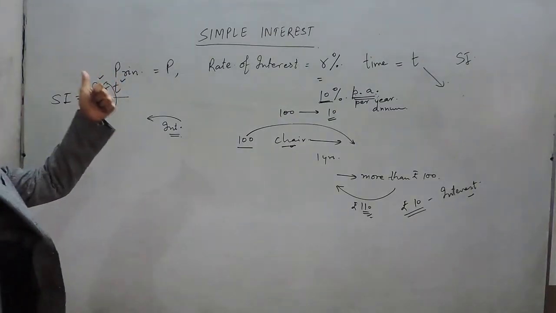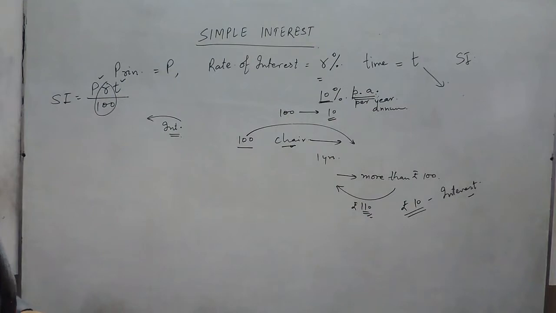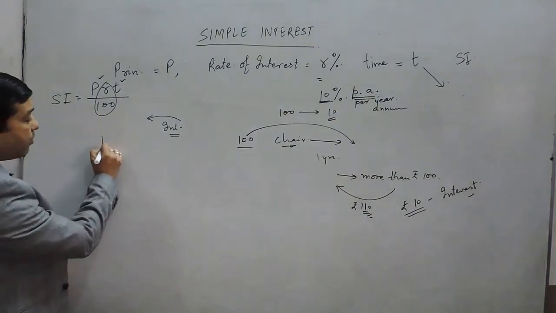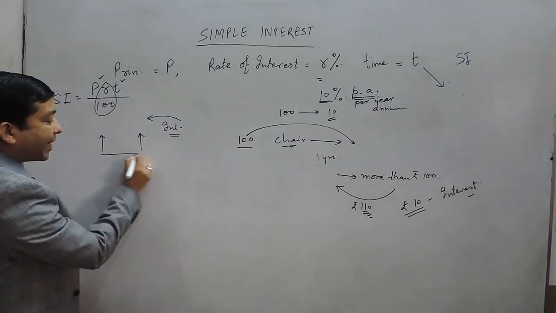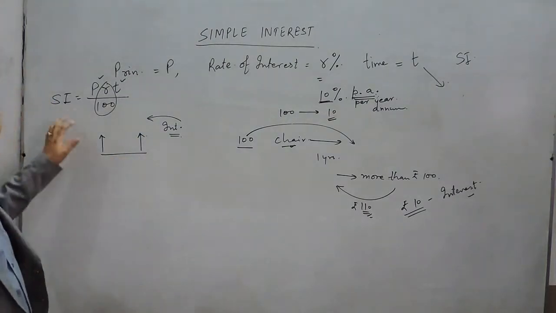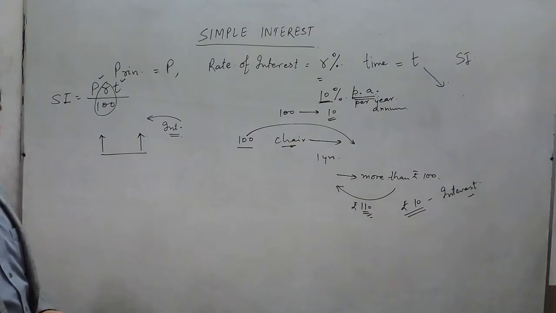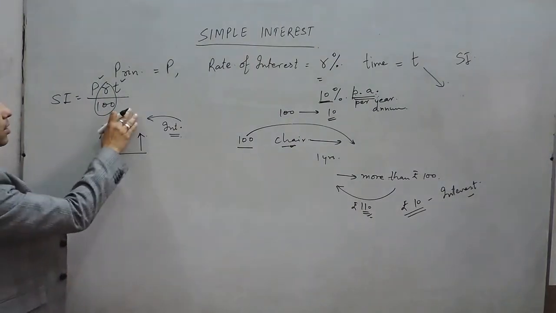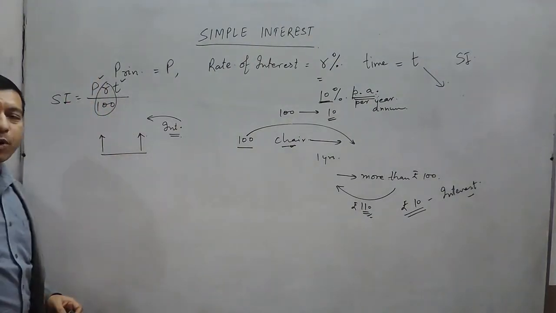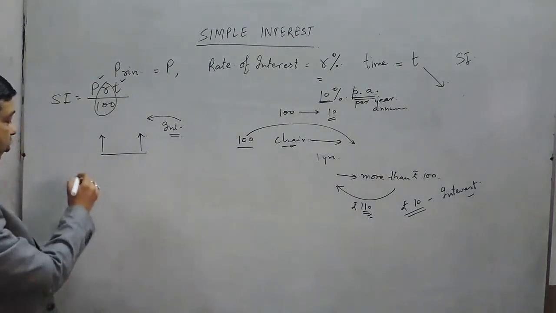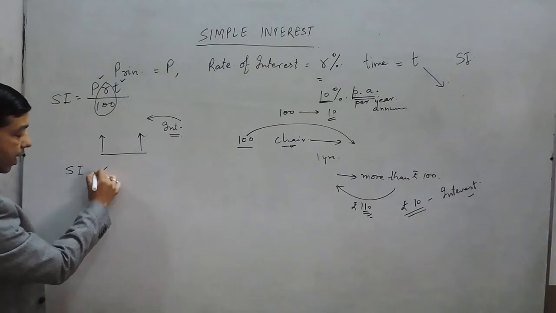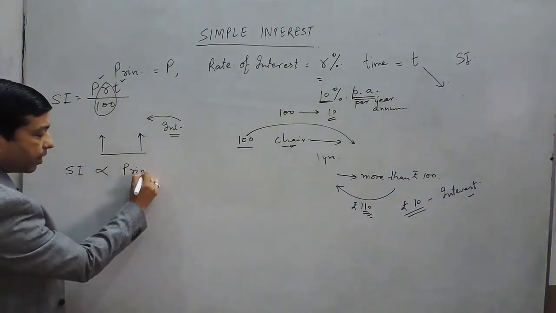As we have already seen in the chapter on proportion, if some quantity is increasing and the other quantity is also increasing in the same proportion, then it is known as direct proportion. Here, if I deposit more money in the bank, definitely I will get more interest. So simple interest is directly proportional to the principal.